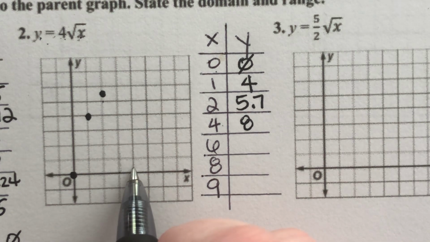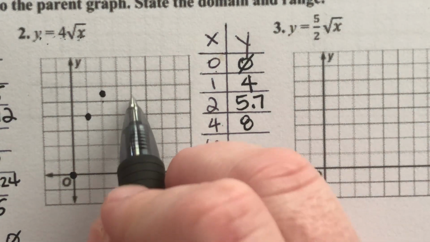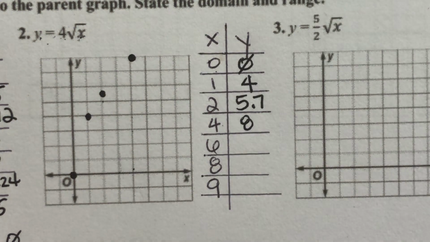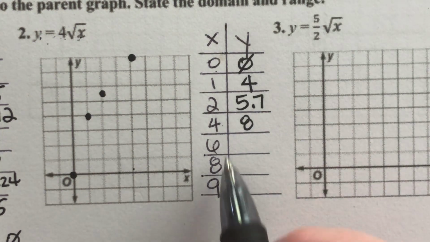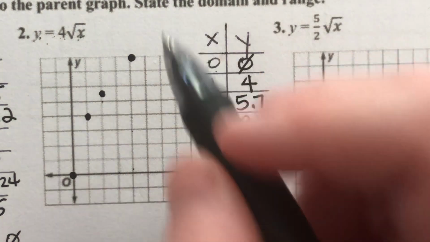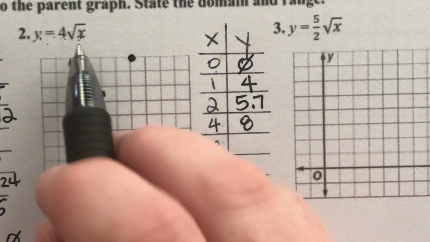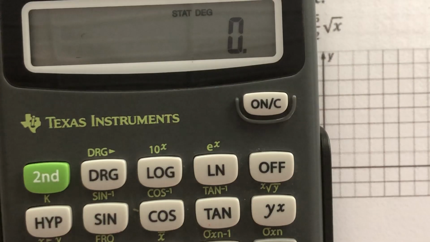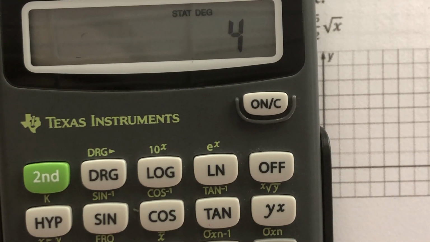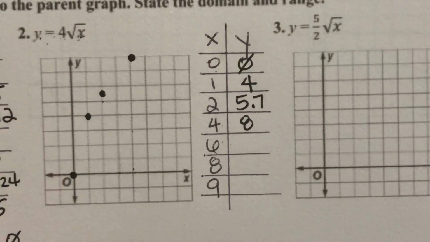So I'm going to go over 4, up 3, 4, 5, 6, 7, 8, right there. And it looks like I'm going to run out of graph. I'm going to keep filling out my table, but it looks like I'm going to run out of space here. Okay, so when x is 6, the square root of 6 is that times 4 equals about 9.8.